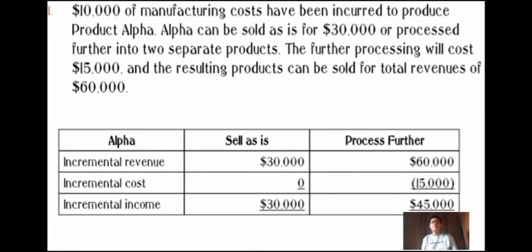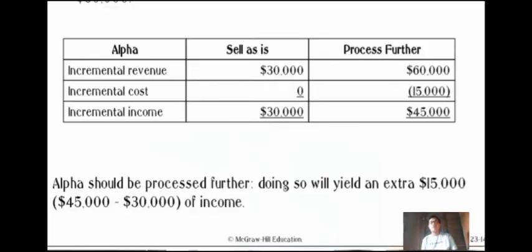The incremental income if we sell the unit as is is $30,000 versus $45,000 if the units are processed further. So the decision is Alpha should be processed further. Doing so will yield an extra earn of $15,000, which is $45,000 less the $30,000 of income.